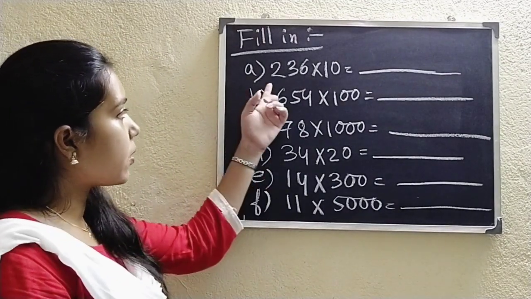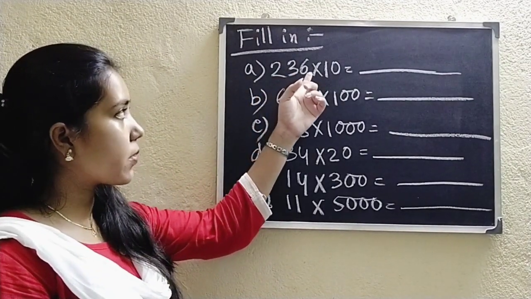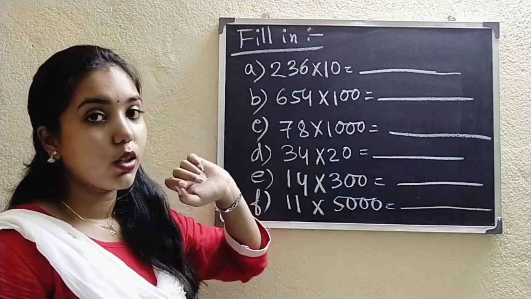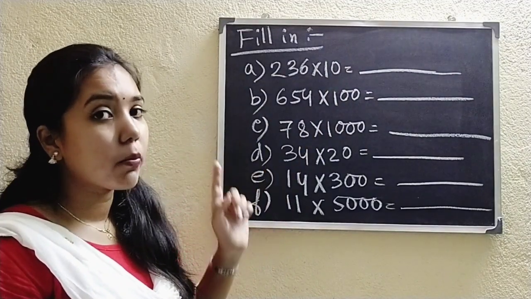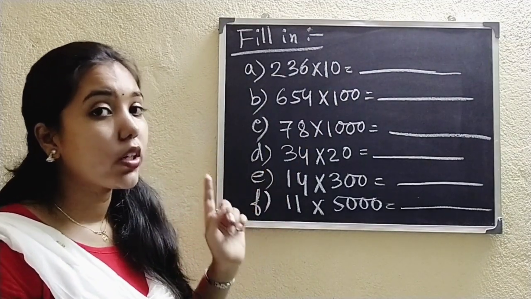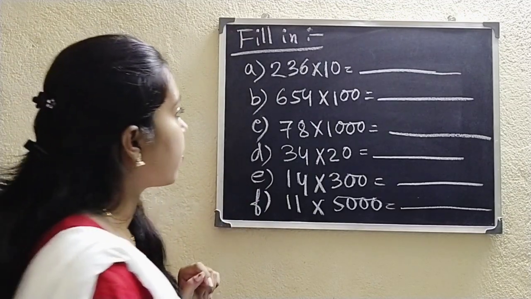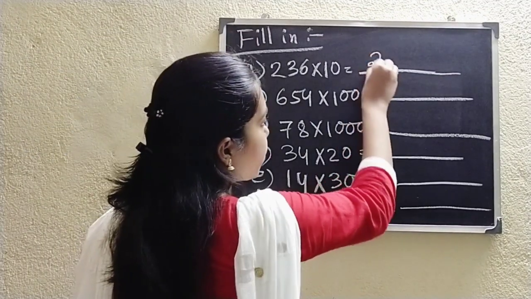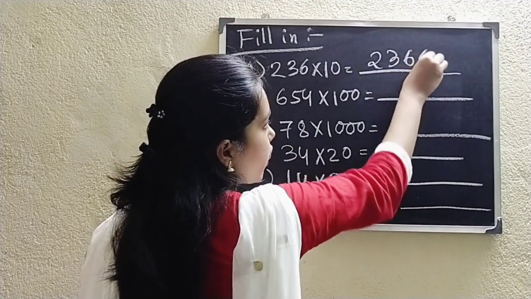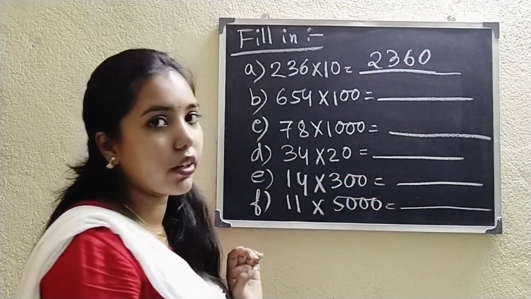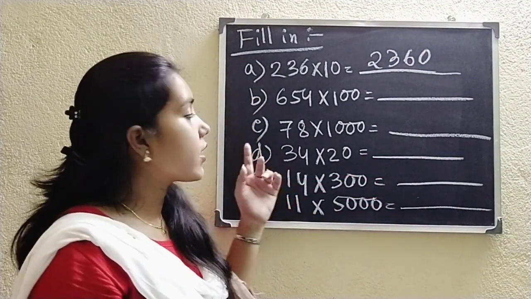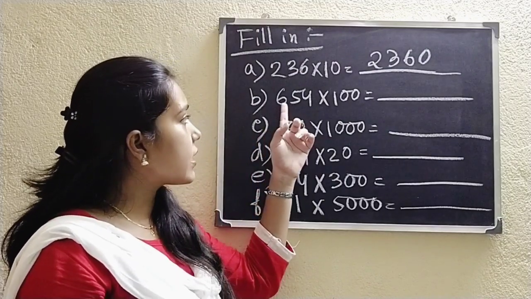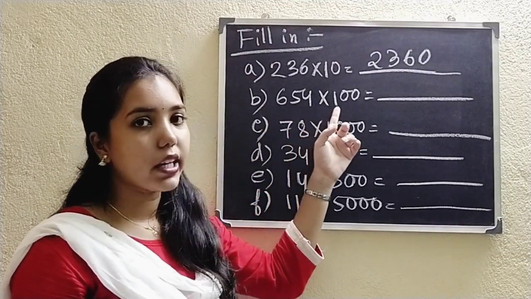Here the first problem is 236 multiplied by 10. To multiply a number by 10, we will put a 0 on the right side of the number. So our answer will be 2360. In the second question, we have to multiply 654 by 100.